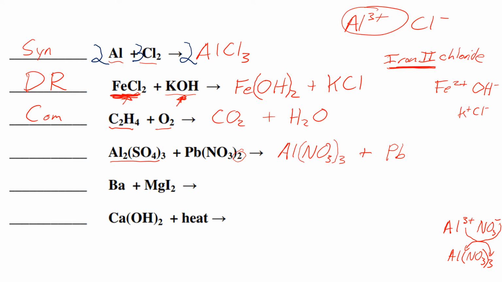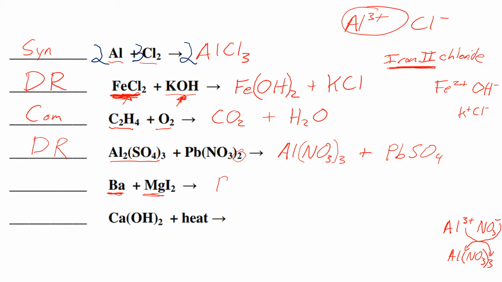So Pb is 2 plus, SO4 is 2 negative, so it's just PbSO4. Okay? And this is double replacement. This is very similar to the, I was first going to say, this is one metal, and this is another metal, and so these metals are going to be switching.